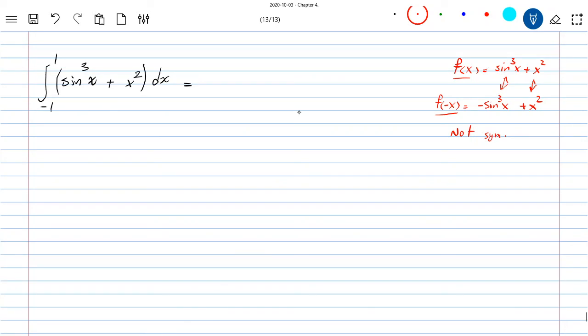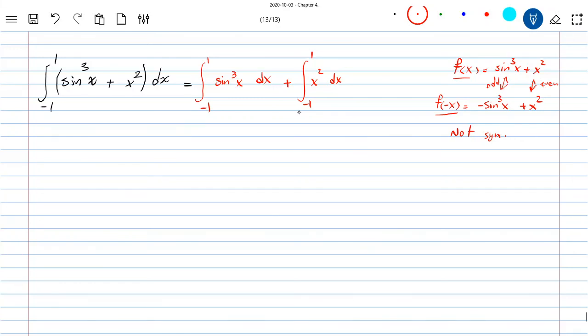That means this x squared is even, while sine is an odd function. So if that's the case, we cannot use the theorem. But you can do this. You can say, okay, I'm not going to use the theorem there, but I'm going to break this up into two parts: the integral of sine cubed plus the integral of x squared from -1 to 1.